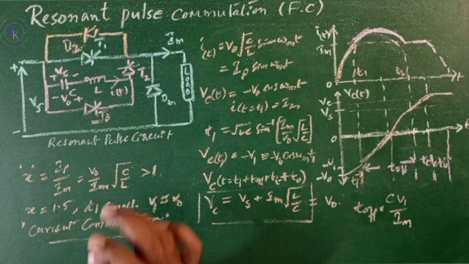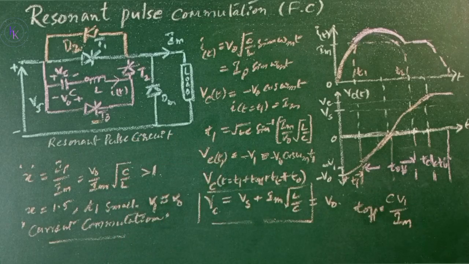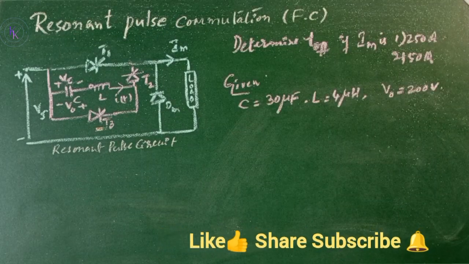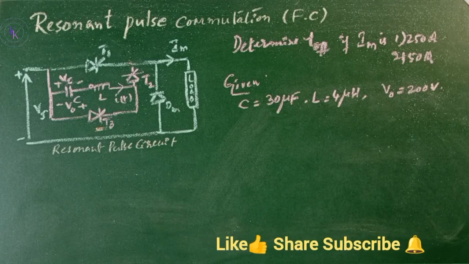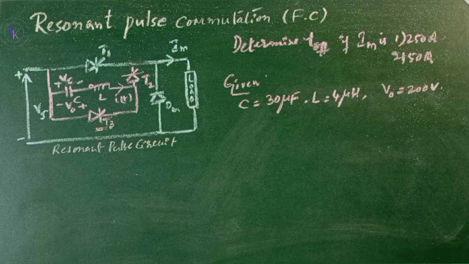This is the circuit for resonant pulse commutation with the accelerating diode, and these are the waveforms for the accelerating diode. For the given resonant pulse circuit, determine the circuit turn-off time Toff if Im is 250 amps in the first case and 50 amps in the second case, given C equals 30 microfarad, L equals 4 microhenries and V0 equals 200.